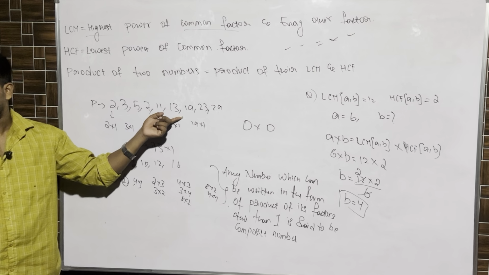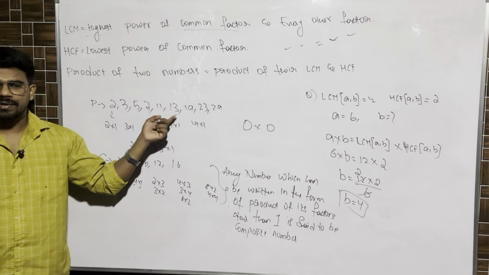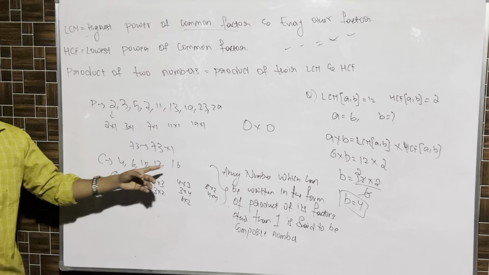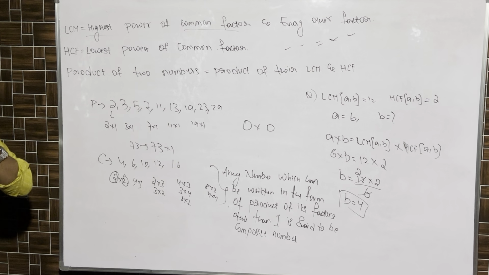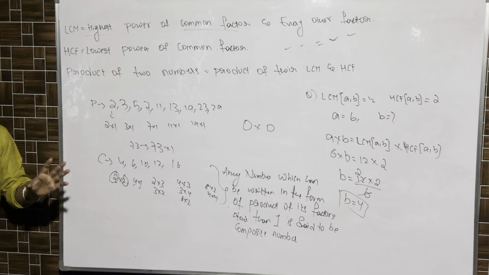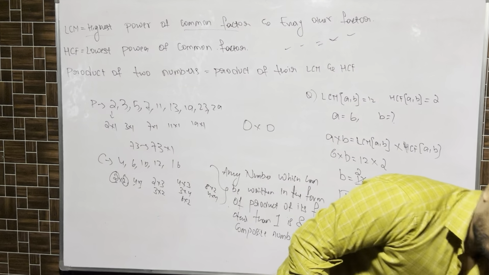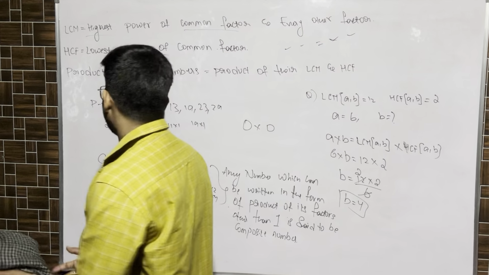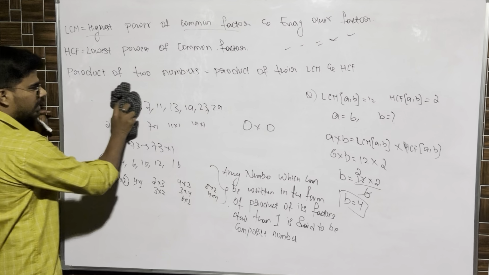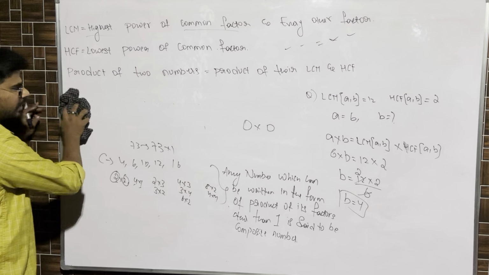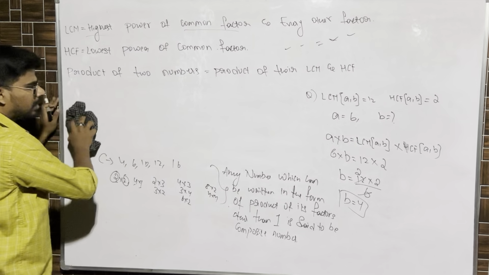How can you write 13? You cannot. That's why 13 and 11 are prime, whereas these numbers are composite. Clear? What is the definition of composite? Any number that can be written in the form of a product of its factors other than 1 is known as a composite number. Now, let us jump on to the question.